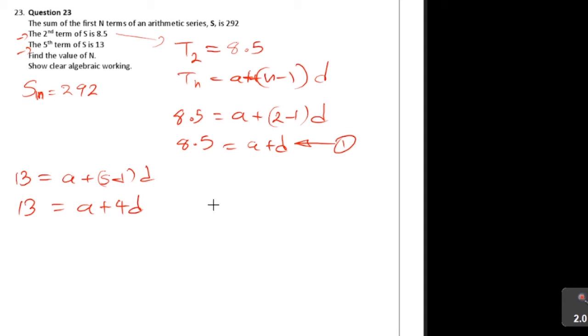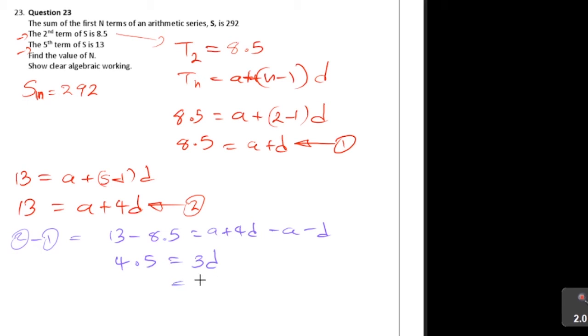Now 13 minus 8.5 equals a plus 4d minus a plus d. Be careful, for both of these it's going to be minus. So 13 minus 8.5, we get 4.5 equals 3d, which means d is just 1.5.